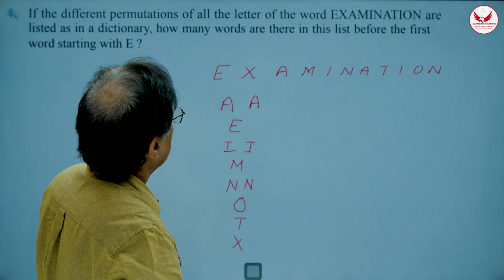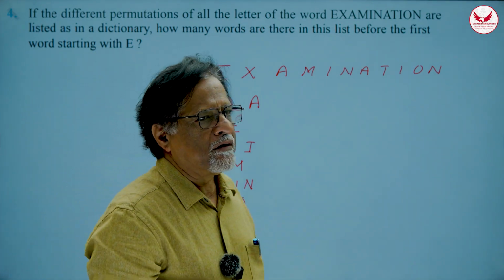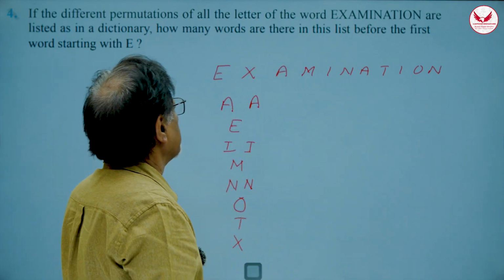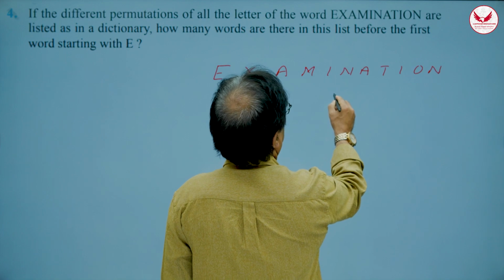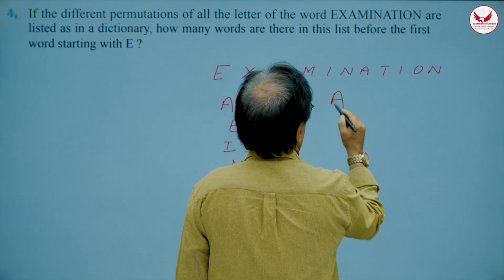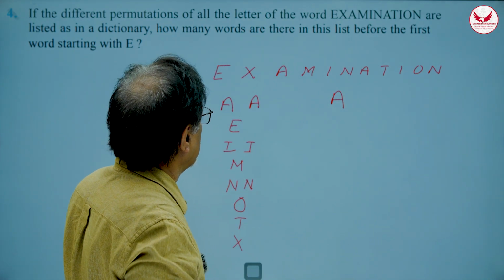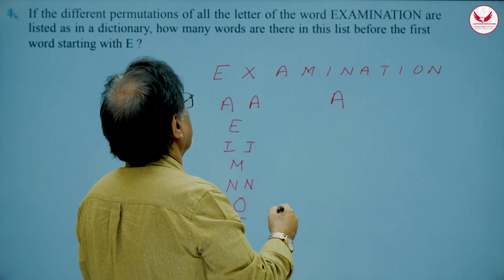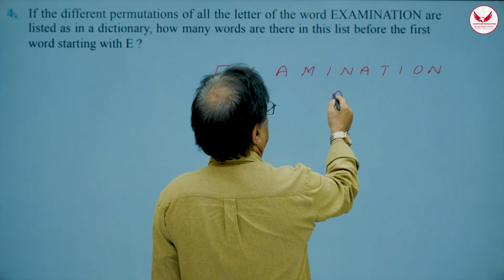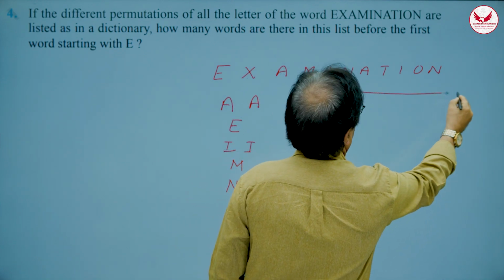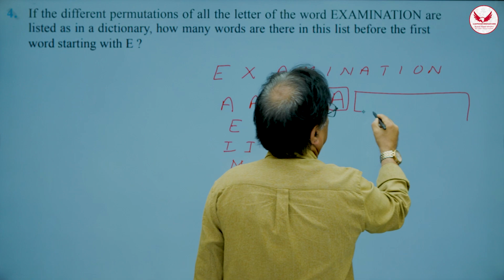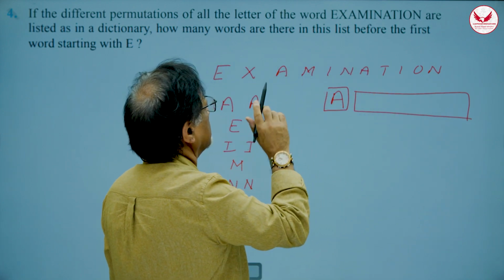Now, if you want to list all the words according to dictionary order, the dictionary will always start with the words which are starting with A. Suppose we want to calculate all the words starting with A. Then the first position will be occupied by A, and all the remaining positions can be occupied by the remaining letters.